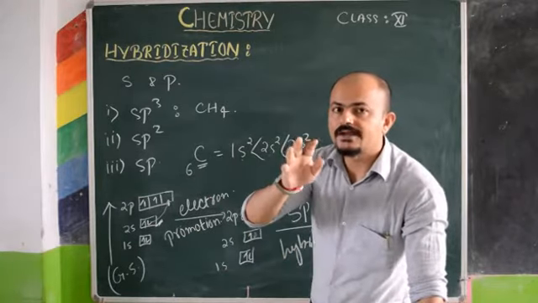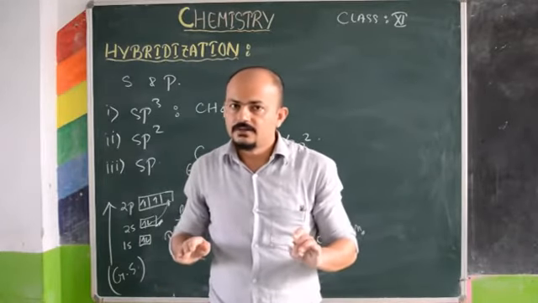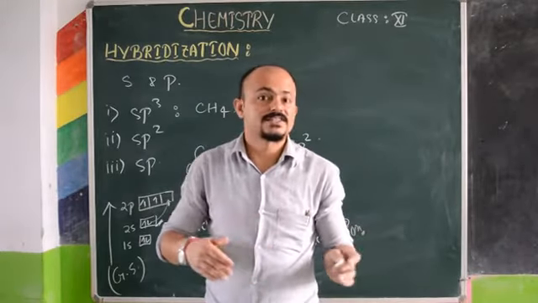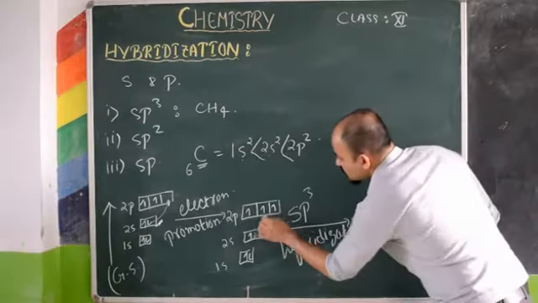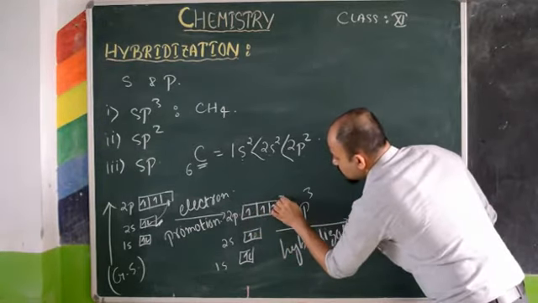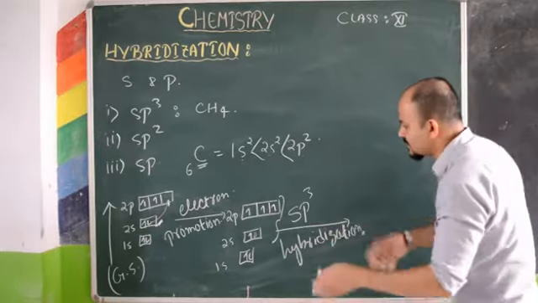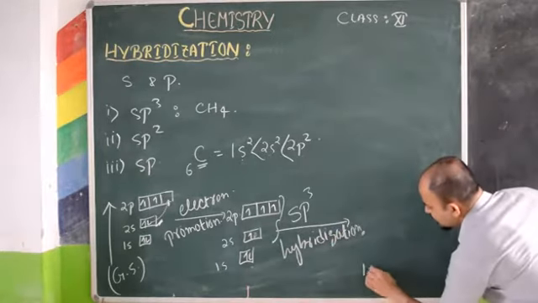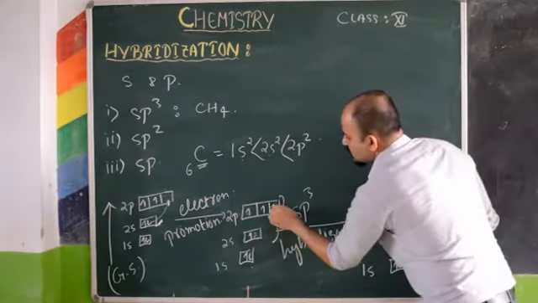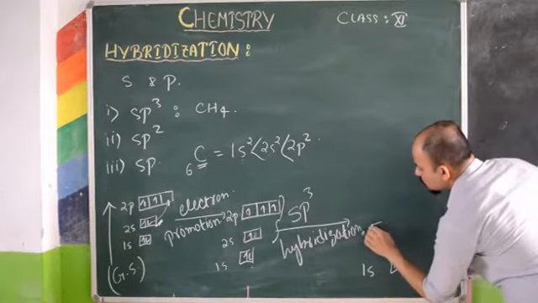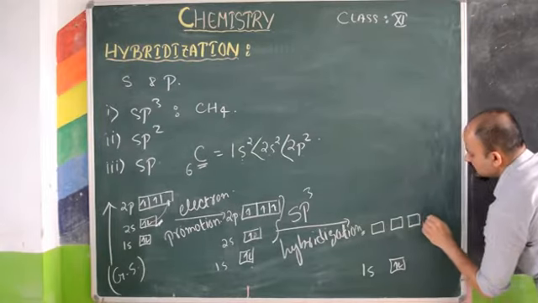These hybrid orbitals will be identical in all respects: in energy level, similar orientation, and identical shape. The 4 orbitals containing unpaired electrons will now be hybridized. The 1s is left as it is. These 4 orbitals will be hybridized to give you 4 identical orbitals. See, I am writing them separately.